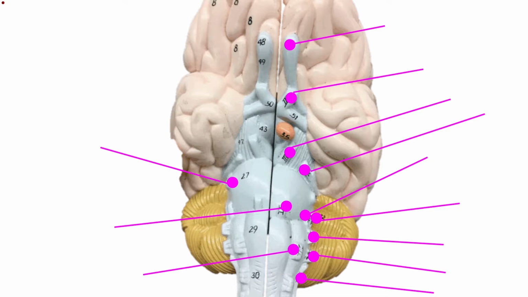So when you name them: olfactory, optic, ocular motor, trochlear, trigeminal, abducens, facial, vestibular cochlear, vagus, accessory, hypoglossal.